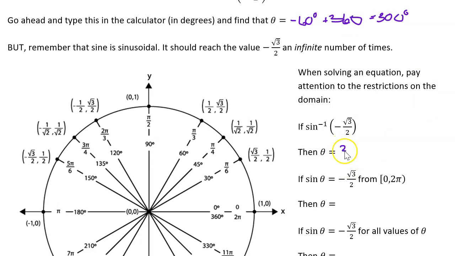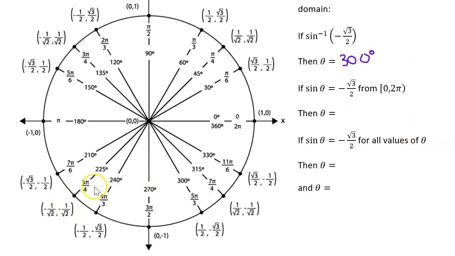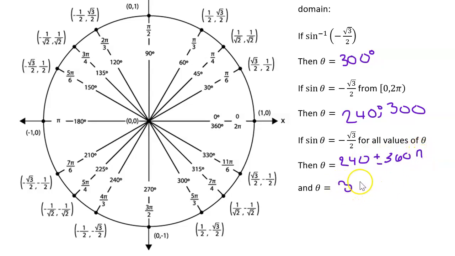Our first one is 300 degrees, but it can also be 240 and 300. And it can also be the format we wrote before, although I did use radians before. And now I'm writing my answer using degrees.